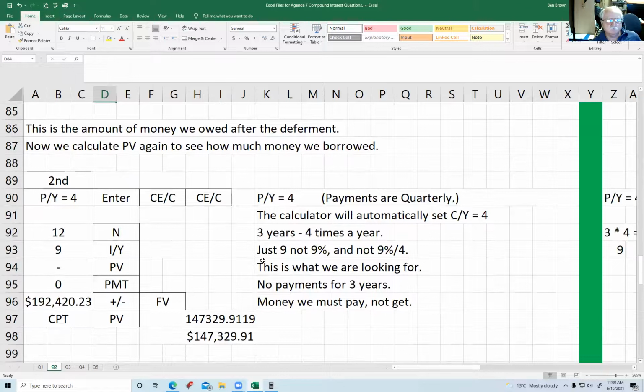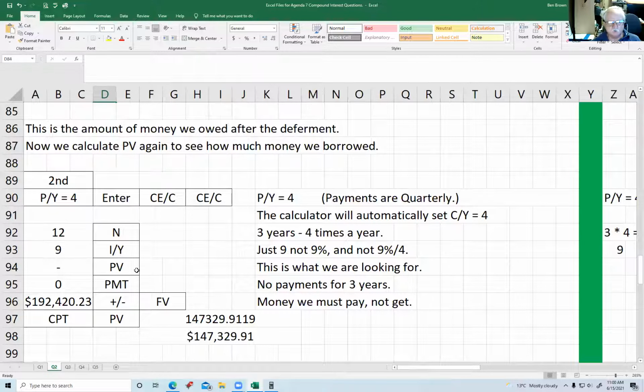So we can calculate present value again. The payments per year are still 4, and the calculator would automatically set the compounding to 4. This was for 3 years, 4 times a year, so 12. The interest is still 9.